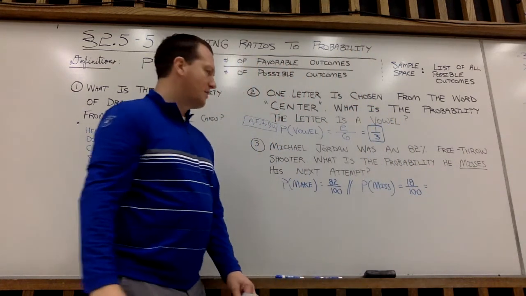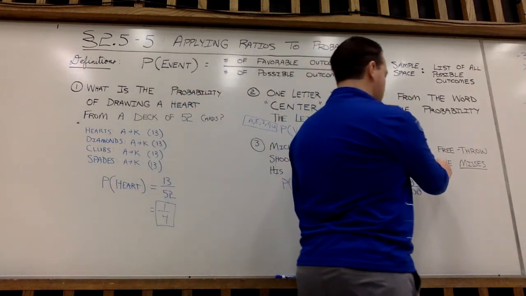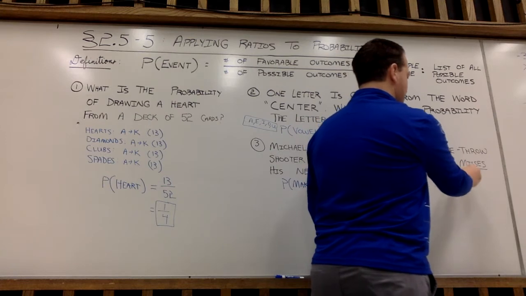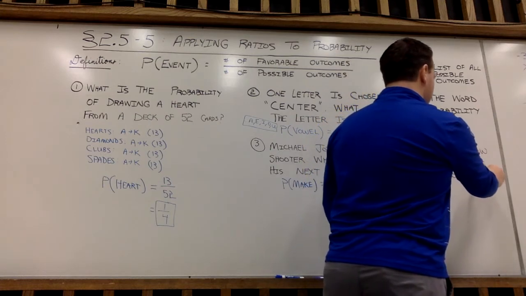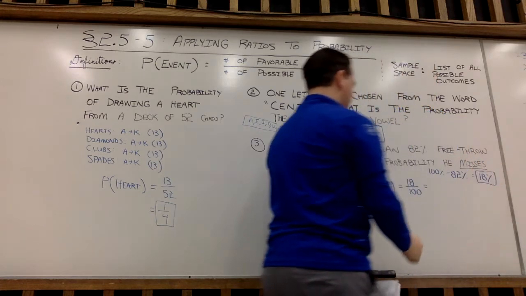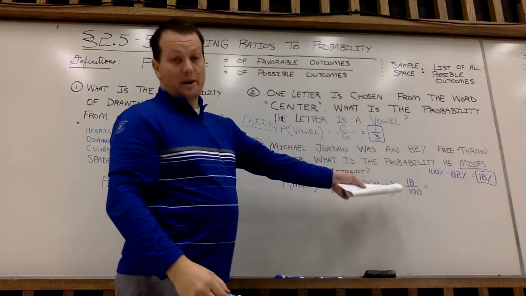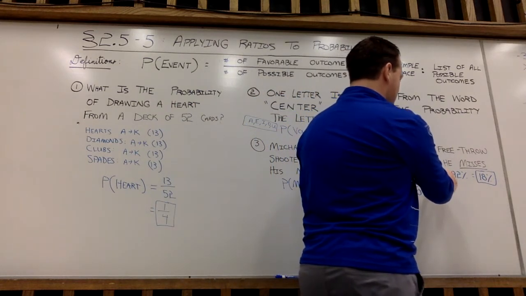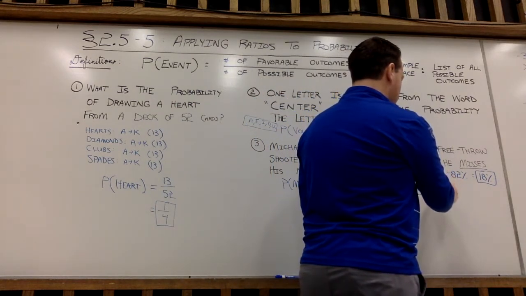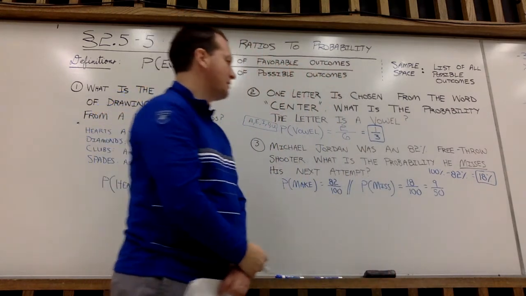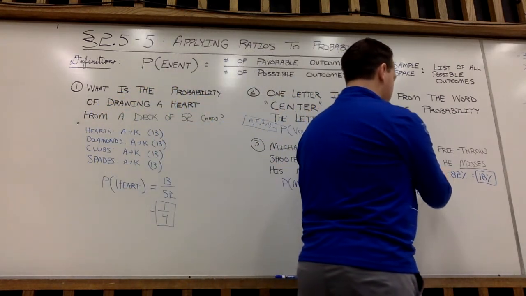Another way you can think of that, if you use the percentage, 100% minus 82% would be 18%. So either way is fine by me. Ratio 18 over 100, you can divide that to 9 over 50, or 18%. Either way is fine.